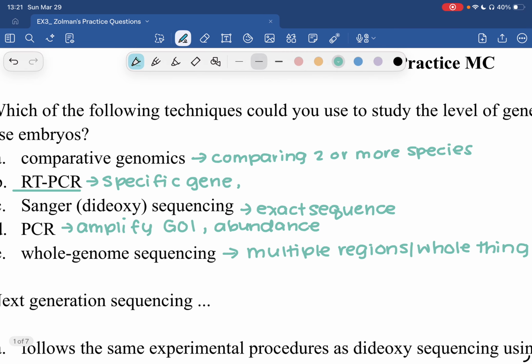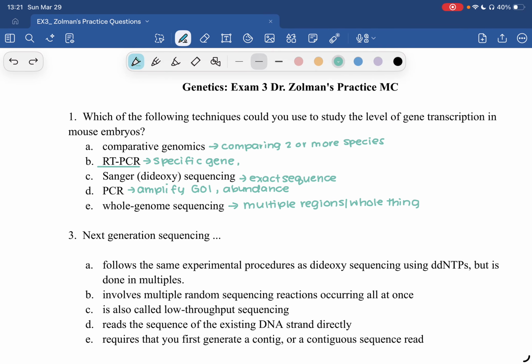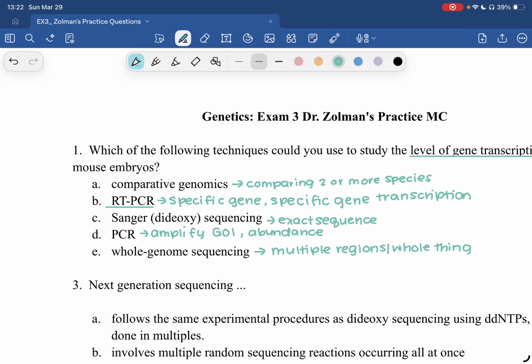So that is why you would use it, level of gene transcription, and that is why you would select B as your answer. So I'll include specific gene transcription as well. So yes, B is your answer.